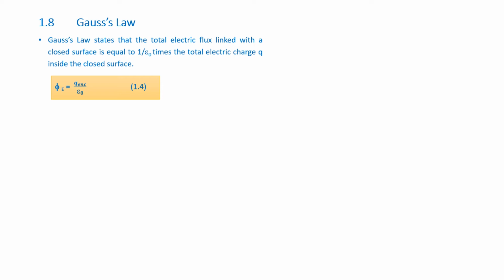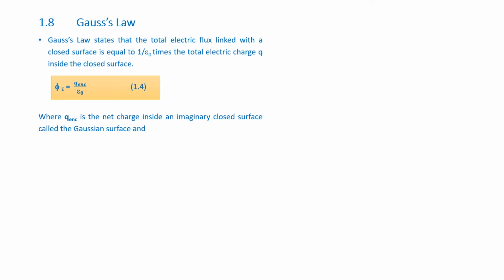It can be represented as the formula phi E equals Q enclosed divided by epsilon naught, where phi is the flux, Q is the charge and epsilon naught is the permittivity. Let this be equation 1.4.